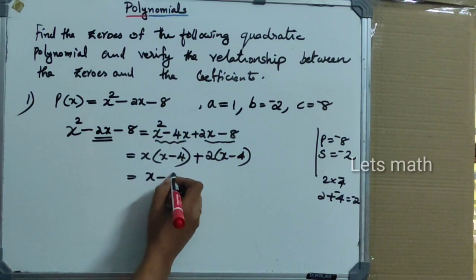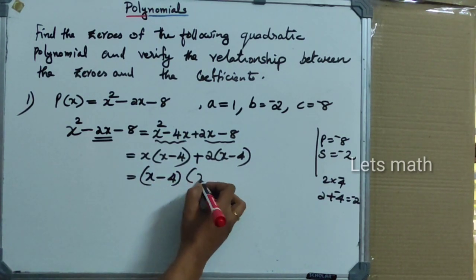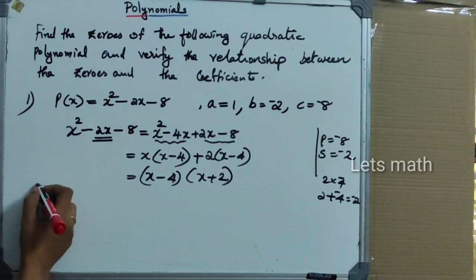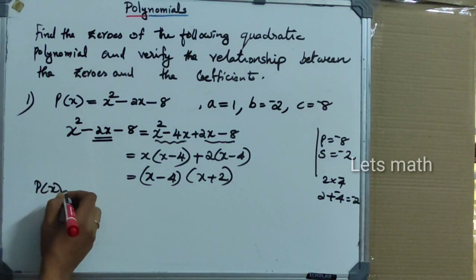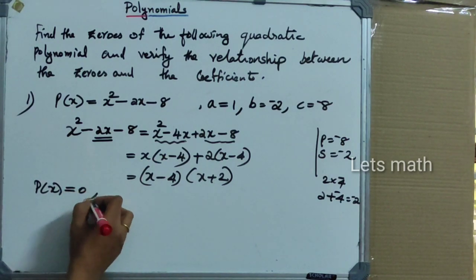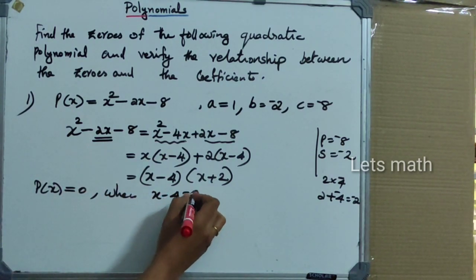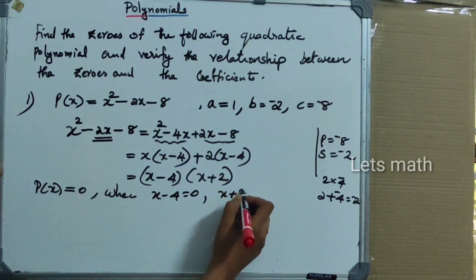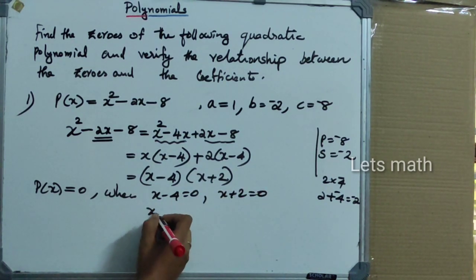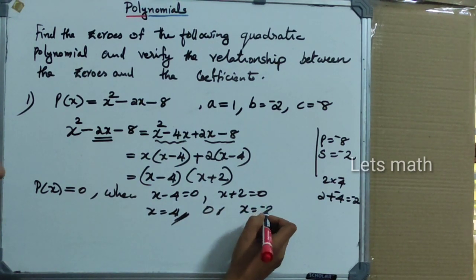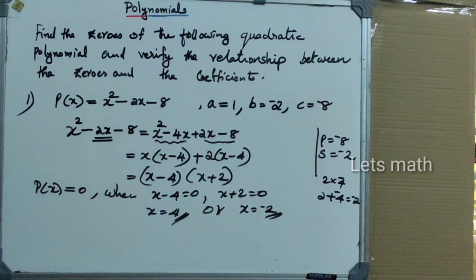So we get x minus 4 into x plus 2. Now the polynomial becomes equal to 0 when x minus 4 equal to 0 or x plus 2 equal to 0. So we get x equal to 4 or x equal to minus 2.